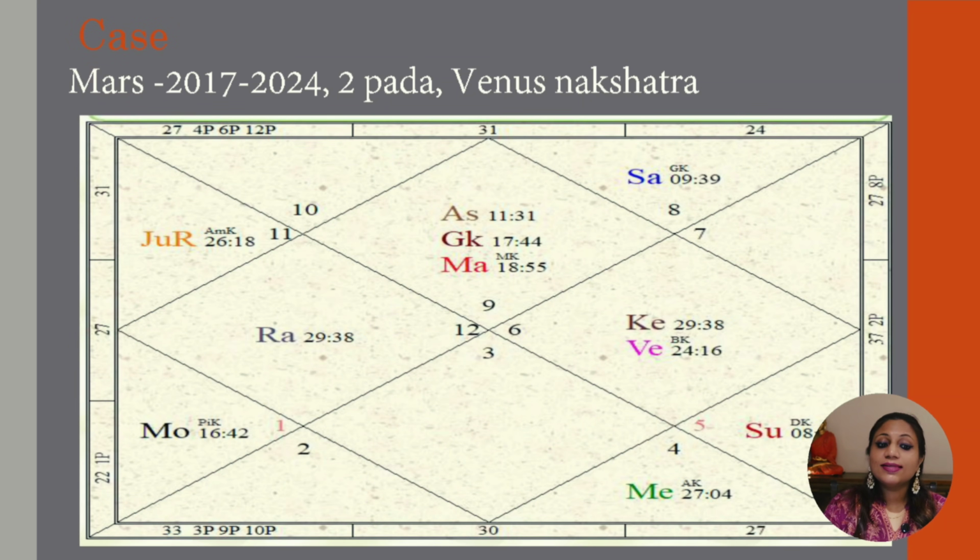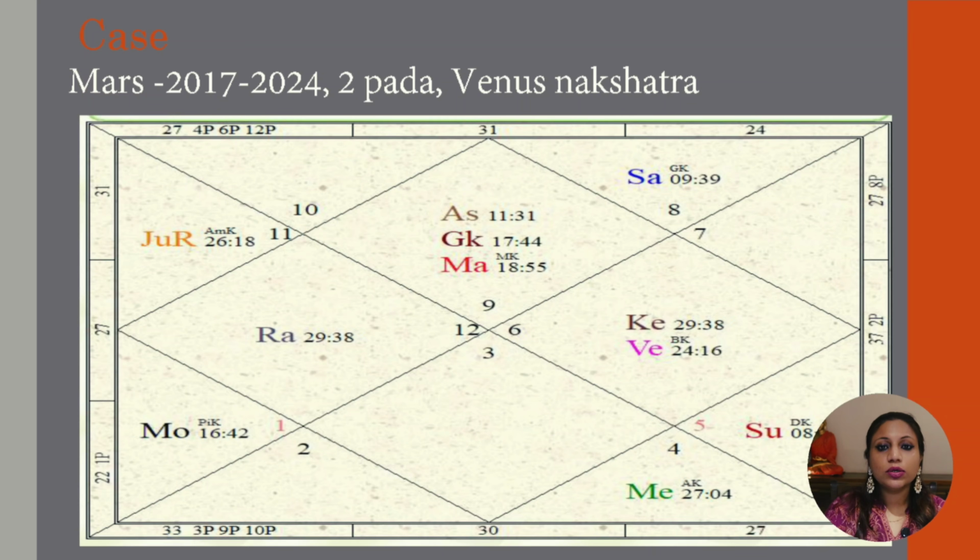Let's discuss Mars's time period in this chart. Mars's time period started in 2017 and runs till 2024, and Mars is in the second pad of Venus's nakshatra. So Mars has to give Venus's results. If we divide the time, the second pad time frame started in 2019-20 onwards.